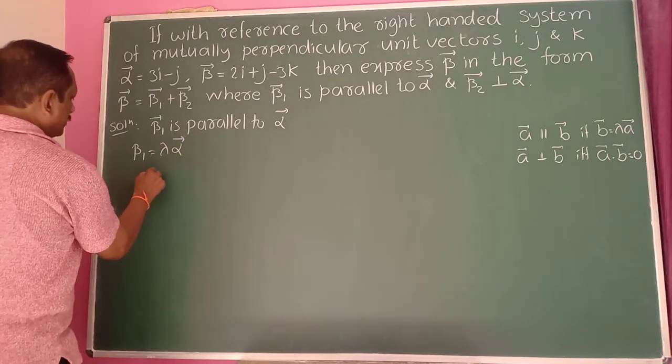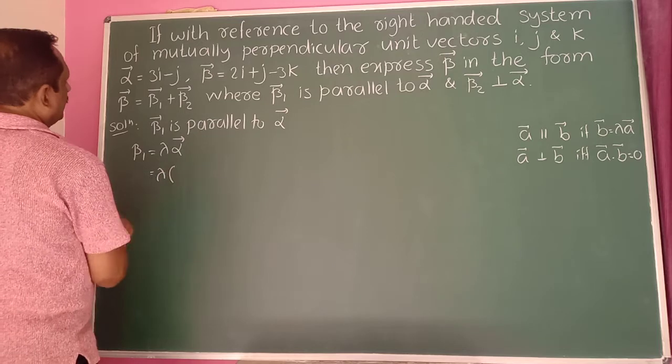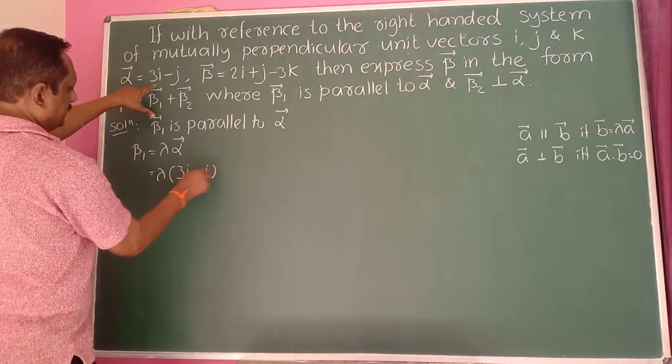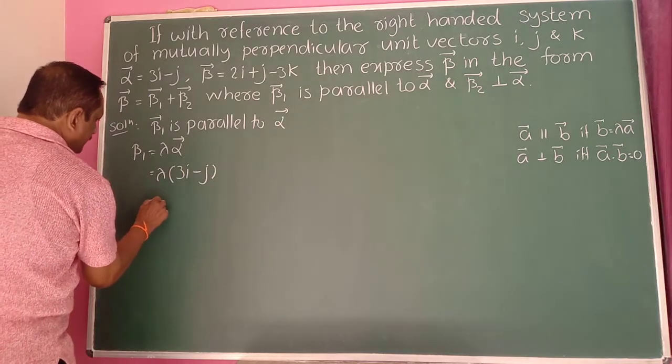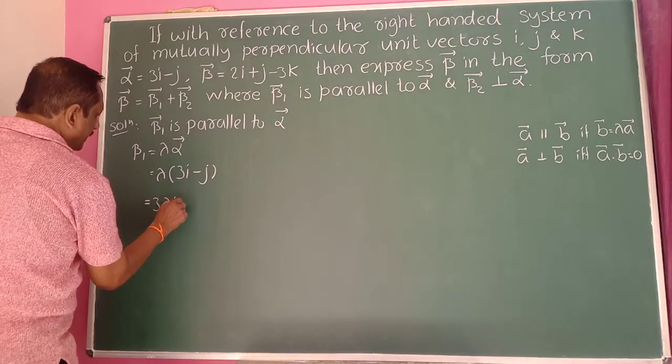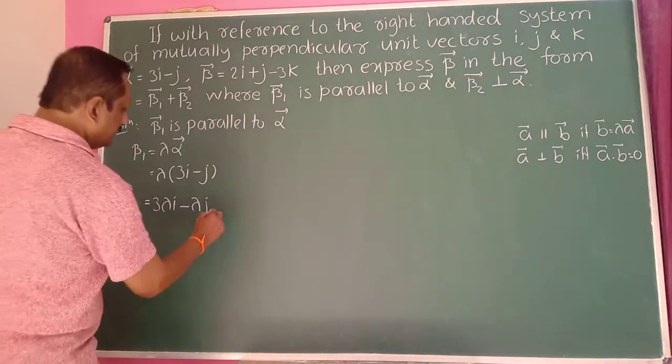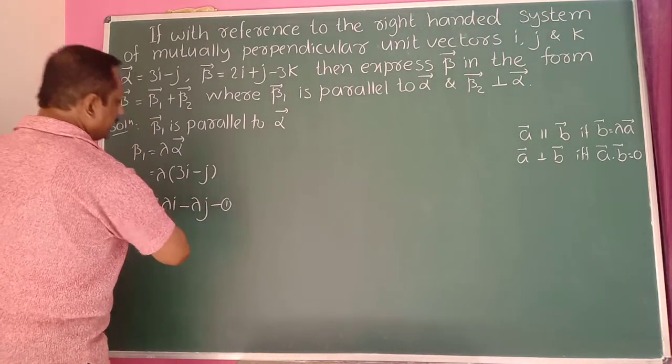Therefore, this is equal to lambda into alpha, which is this vector, 3i minus j. Take lambda inside the bracket: 3 lambda i minus lambda j. So take this as result number 1.